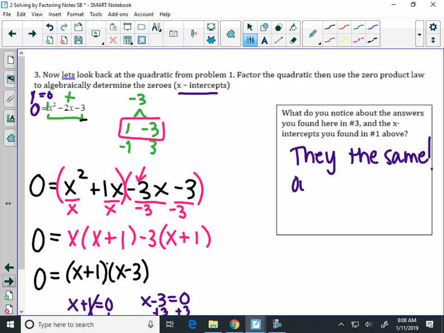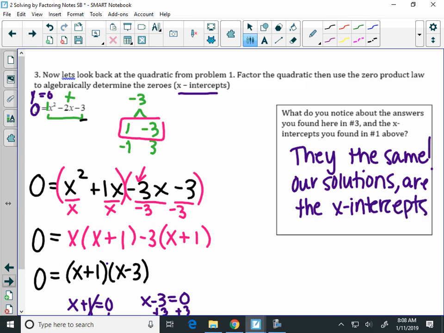So our solutions from the zero product law are the x-intercepts of the parabola, or of the graph. So that's good to know. So when we're finding our x-intercepts, we can find them by factoring.